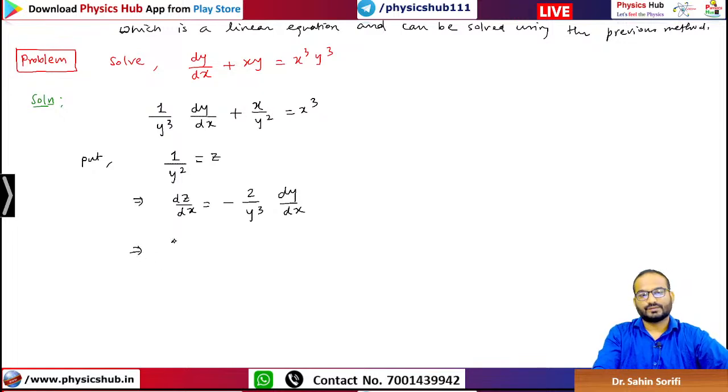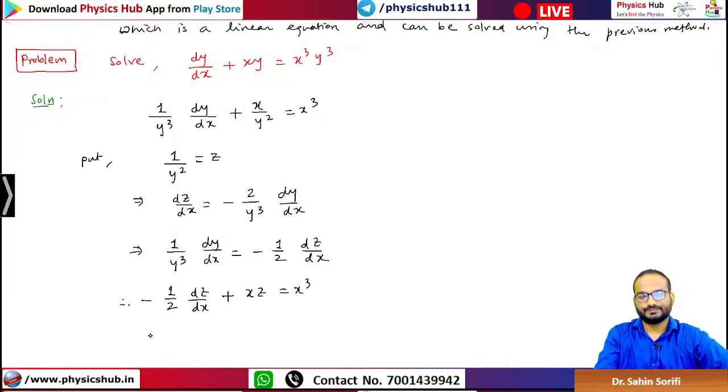From this, 1 by y cube dy by dx equals minus 1 by 2 dz by dx, and hence if we put it here, minus half dz by dx plus x by y square, so xz, equals x cube.